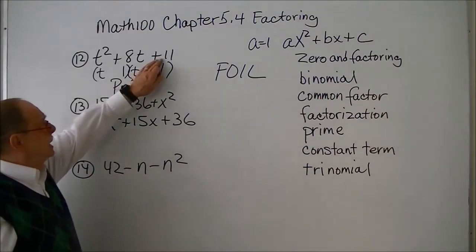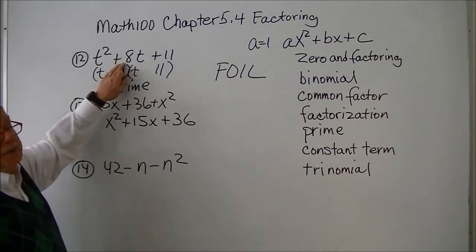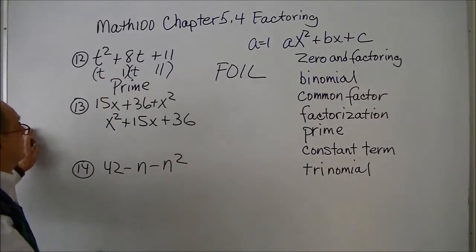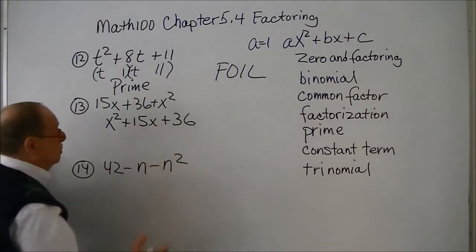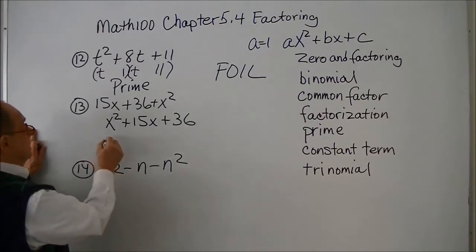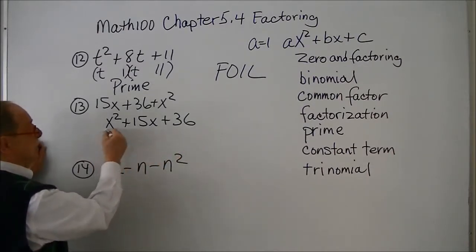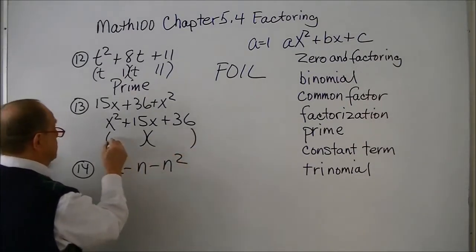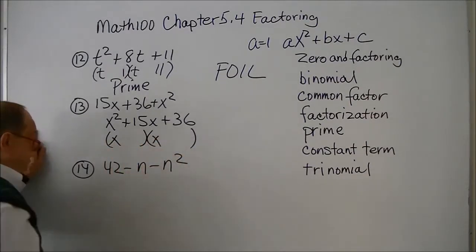So as I looked at the 11, I could see there was no factors of 11 that would make it 8. But here, we don't know, so we try it. And it's in standard form now. There's no common factor. Put 2 sets of parentheses, an x there and an x there.